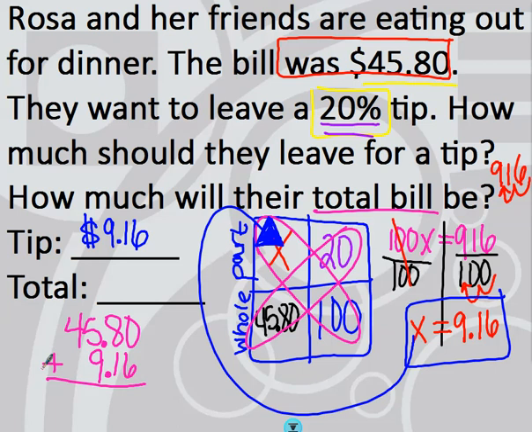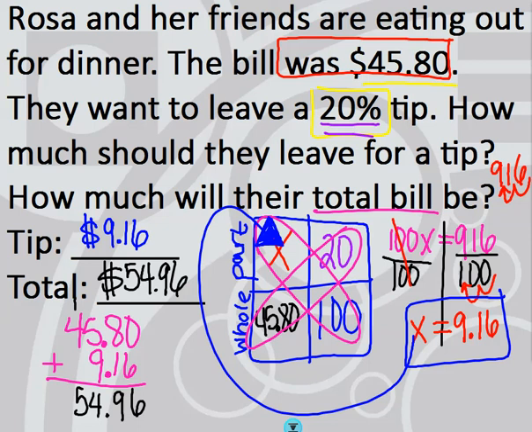So you're going to take the $45.80. You're going to add the $9.16. So we've got, that's 14. So their actual total is $54.96.